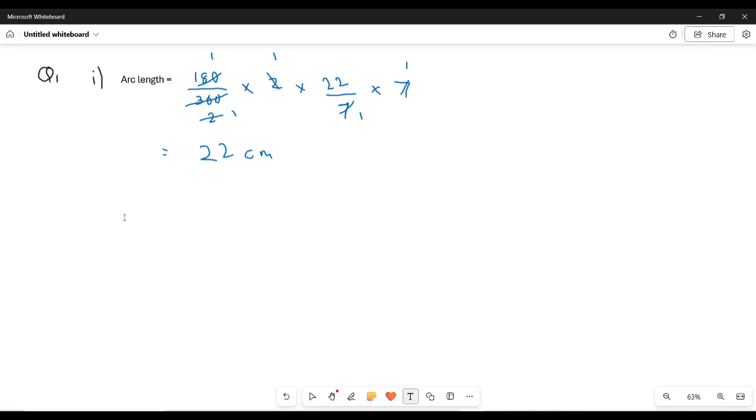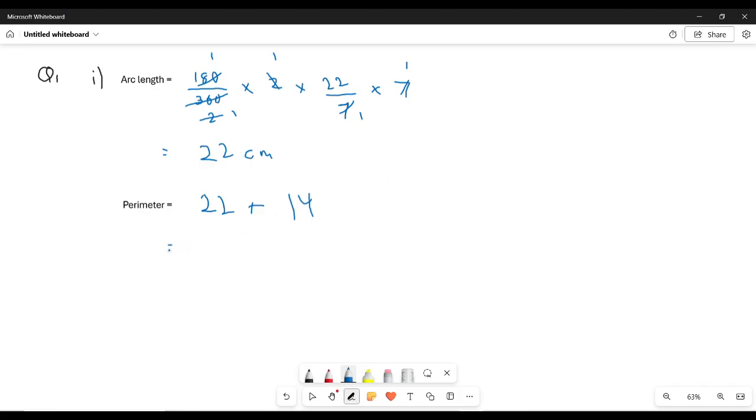So next we need to find what? The perimeter now. So what's the perimeter in here? Since we have found the arc length, perimeter should be easy. Perimeter is what? Just 22 plus 14. Why 14? Because you need to add the diameter, or in what we have learned, that is twice the radius, which is 7. 2 times the radius is 14.